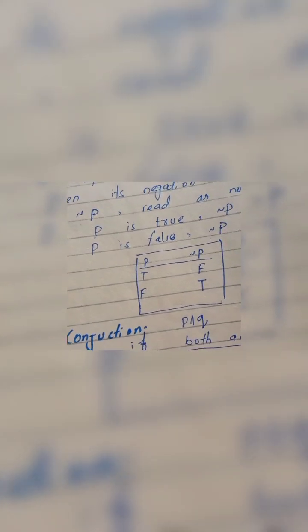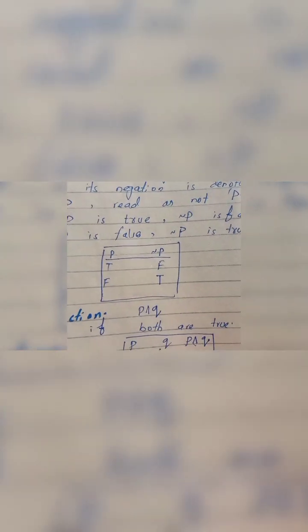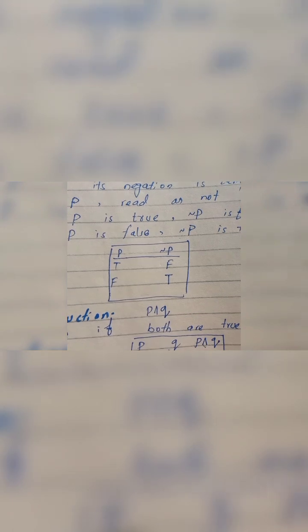So we can write its truth table as P, Q, and the conjunction P and Q. Keep in mind that conjunction means and. The values of P and Q are fixed: P is true, true, false, false, and Q is true, false, true, false.